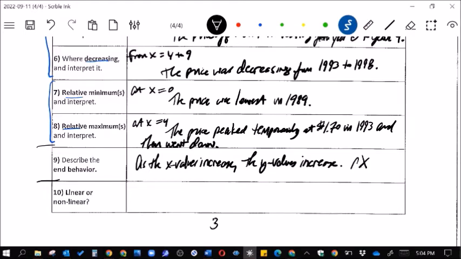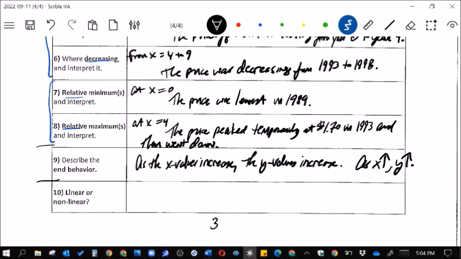So in shorthand, as x's go up, y's go up. Or the y values increase as the x's increase, something like that.